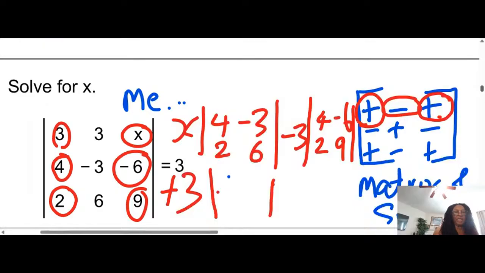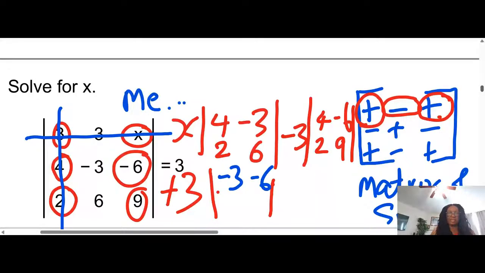When I draw a line here, the remainder after I cross 3 out is the minor: negative 3, negative 6, and 6, 9.